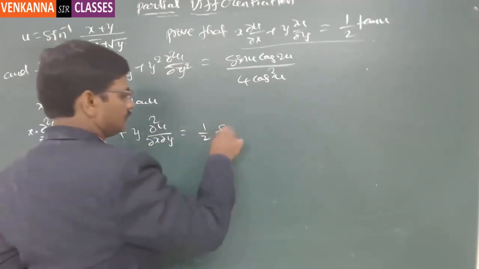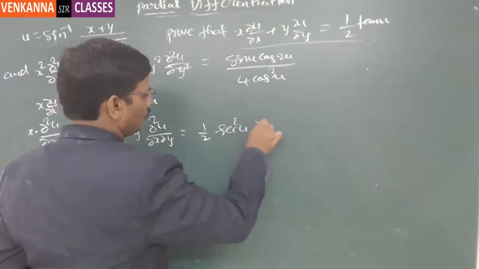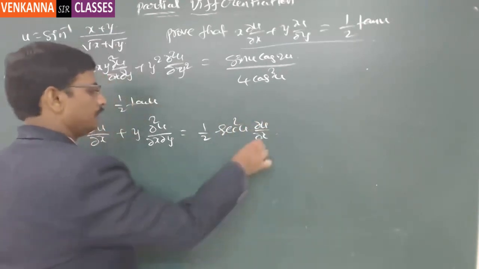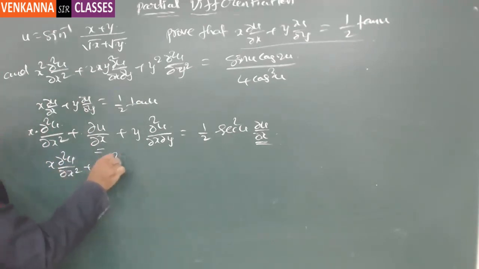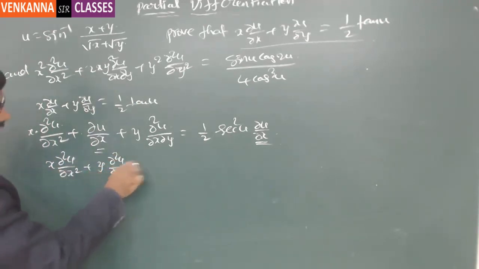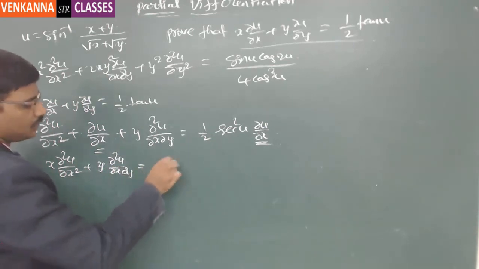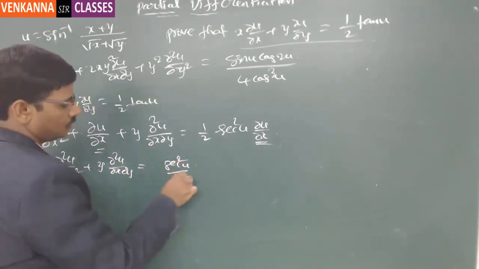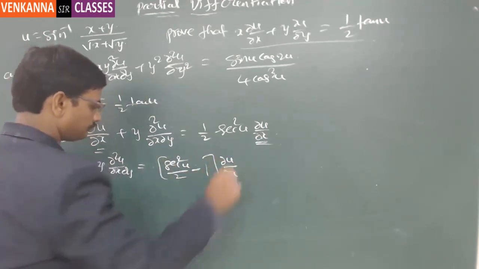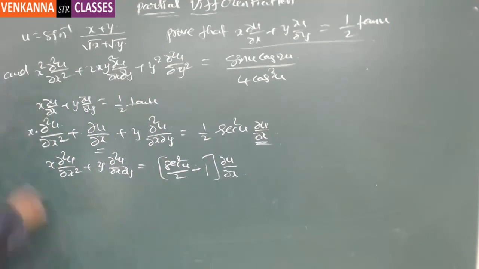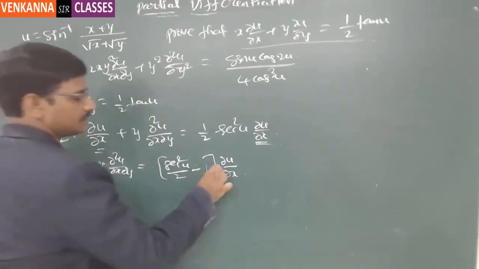So this is secant square u into del u by del x. Here there is one del u by del x on the left and one on the right. Then x del square u by del x square plus y del square u by del x del y is equal to (secant square u by 2 minus 1) into del u by del x. Now if you multiply with x on either side, this is x square, this is xy, and this is x del u by del x.